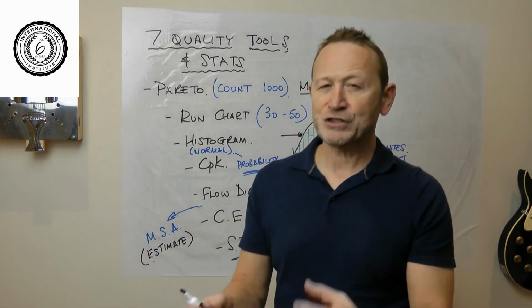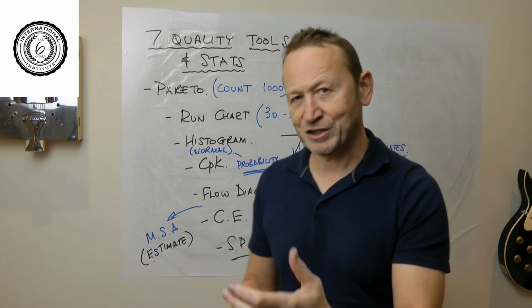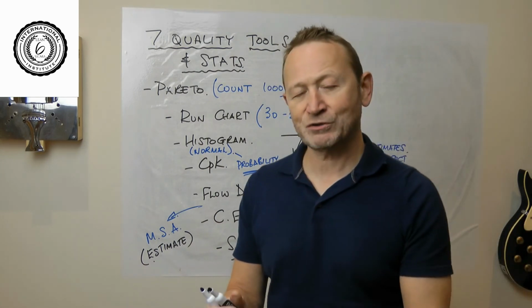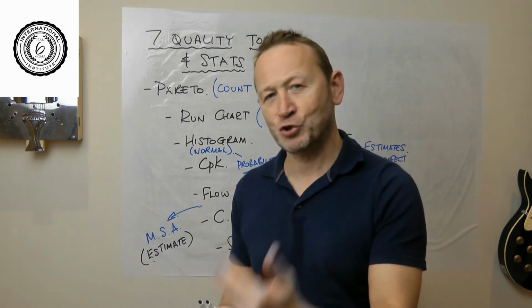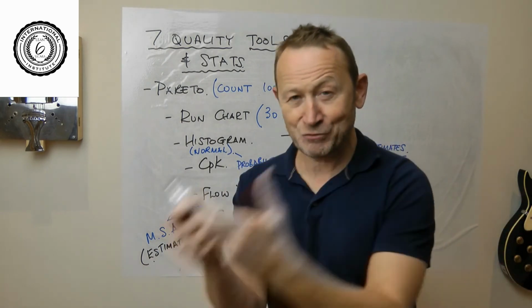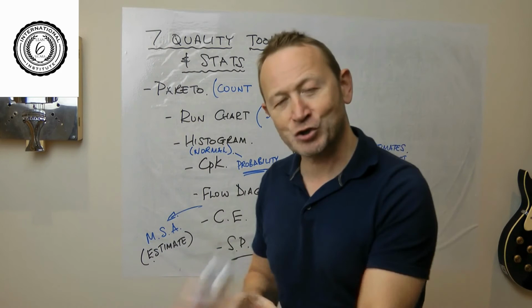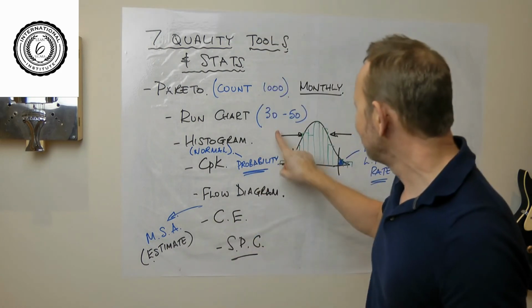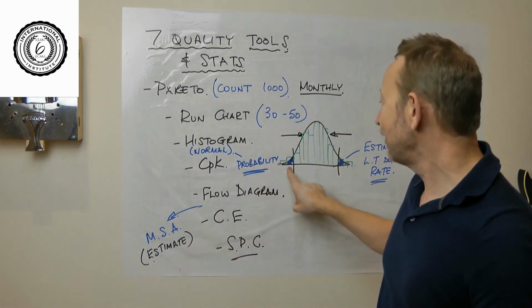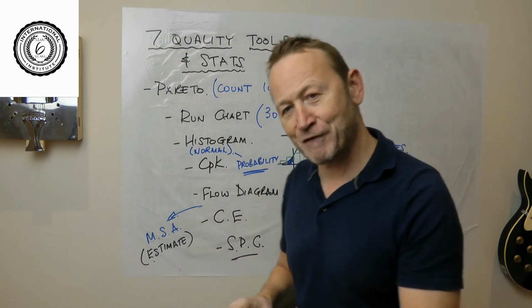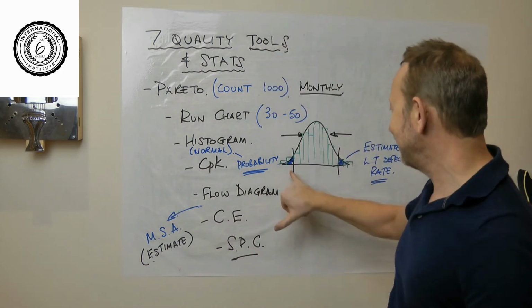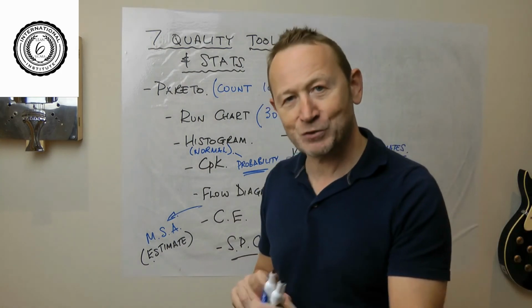Don't forget, every number you look at is an estimate, and then the statistical tools are helping you to get good estimates, because then you can make good decisions. Good sample size here, good estimate of your biggest problem. Good sample size here, good estimate of your defect rate. Normality here, good estimate of your defect rate.